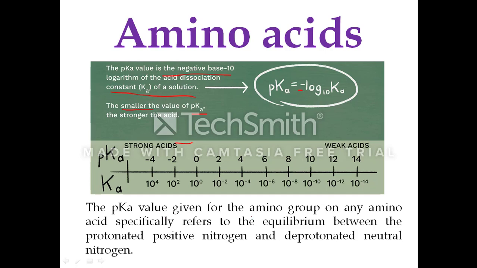So the pKa value given for the amino group on any amino acid specifically refers to the equilibrium between protonated positive nitrogen and deprotonated neutral nitrogen. NH2 gets converted into NH3 plus.